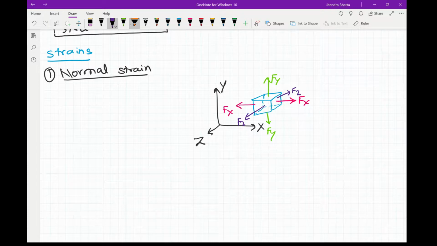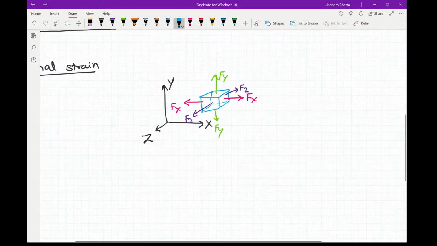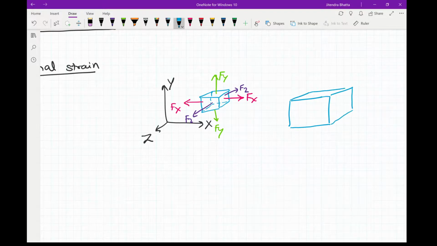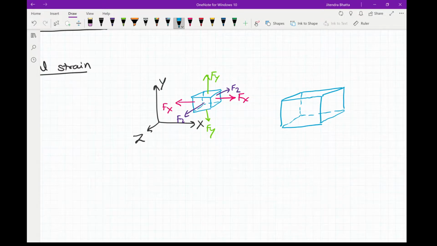Now this will cause your element, let's say this is the original dimension of the element. Because of the applied forces, this element is going to stretch in the x direction, in the y direction, and in the z direction. If this is the initial shape or dimension of the element, then it will increase in size.